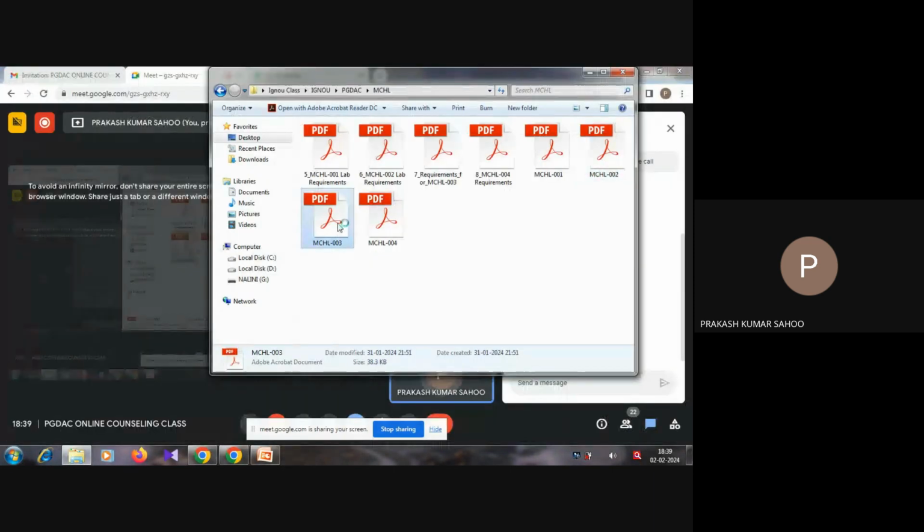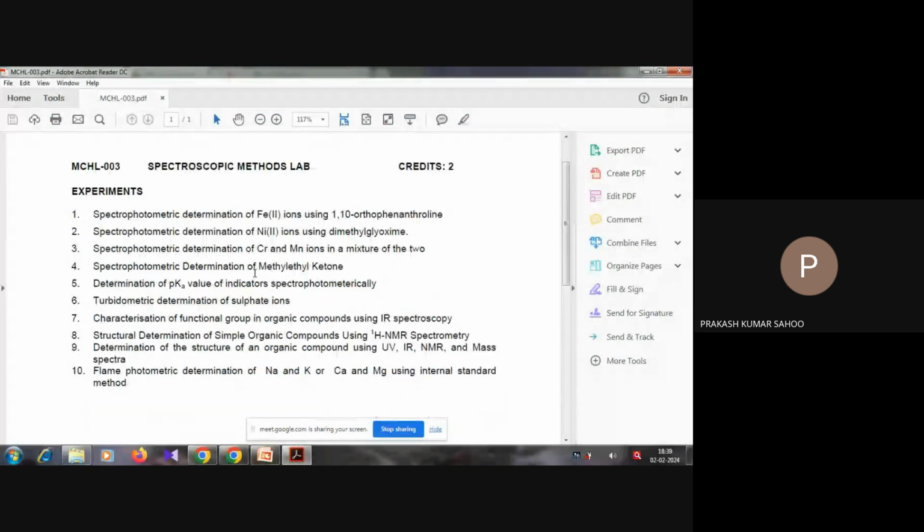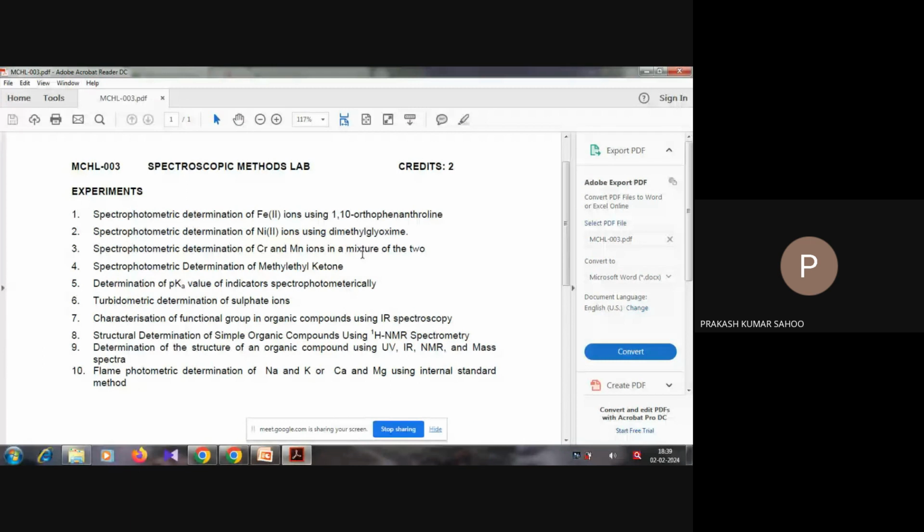Then the third one is related to spectroscopic methods, where we will have some spectroscopic analysis using UV spectra, IR spectra, NMR spectra, or mass spectra.